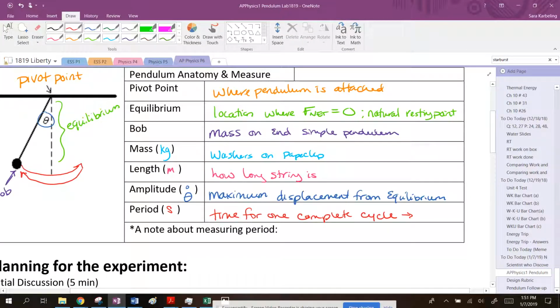So a lot of times, friends, I'm almost done with this and then I'm going to let you get started, but I need your attention. A lot of times I will say that it is when it returns to its release point.